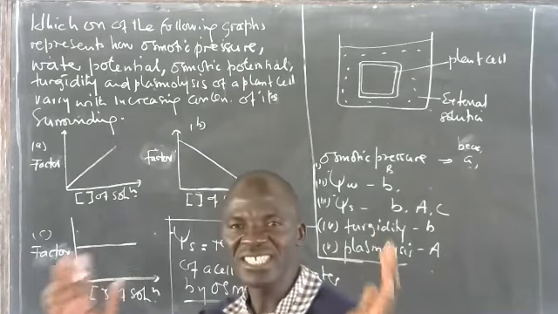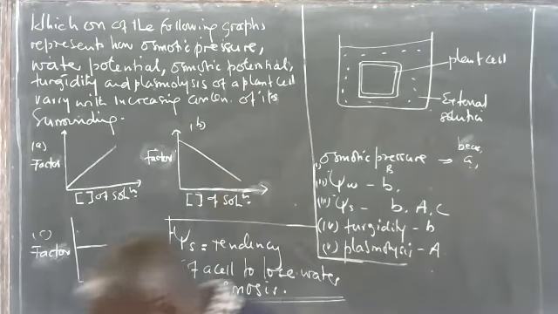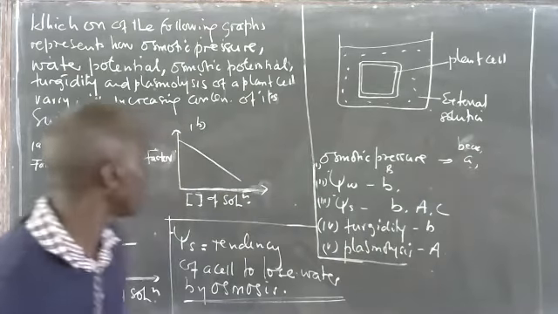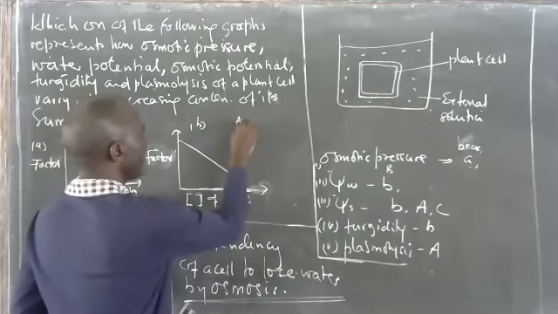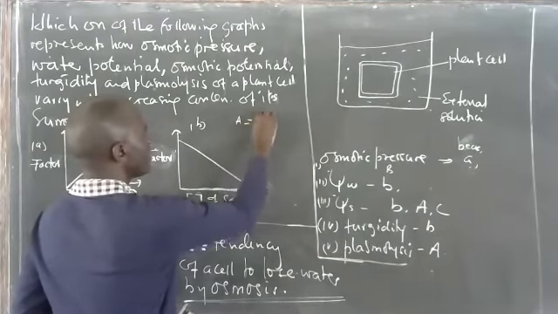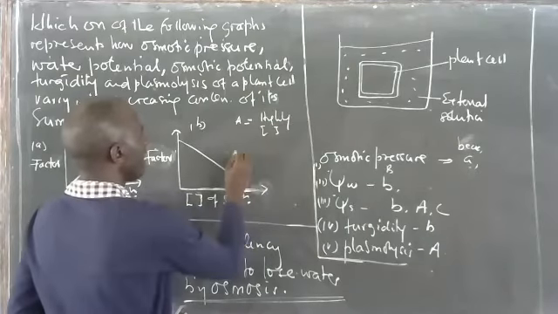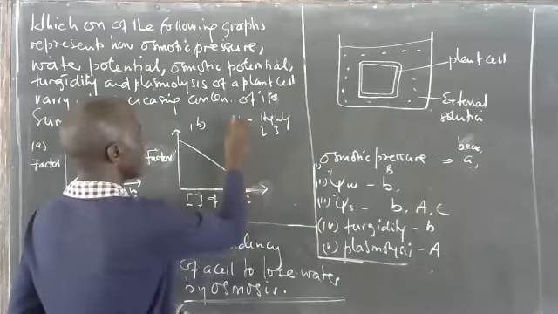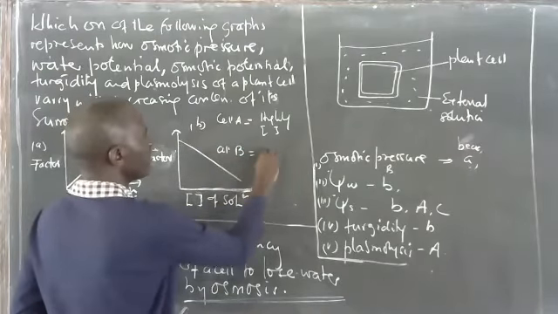So if it is a tissue or a cell, if I say the cell is highly concentrated, if I have two tissues or cells, cell A, which is highly concentrated, and cell B, which is dilute.